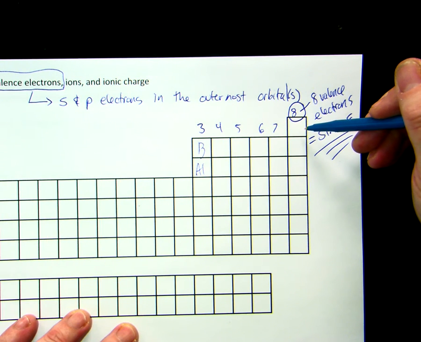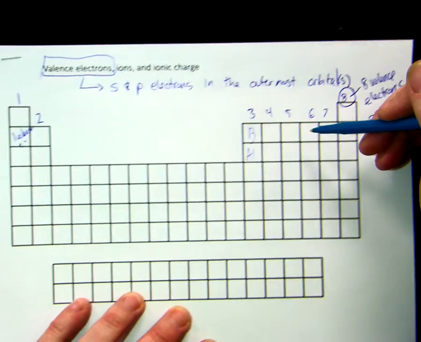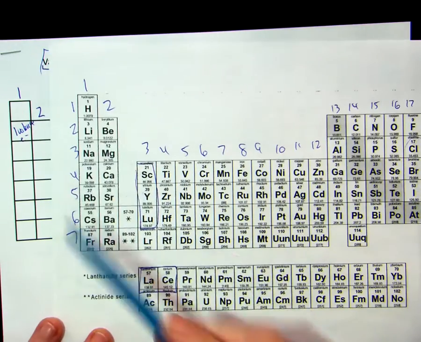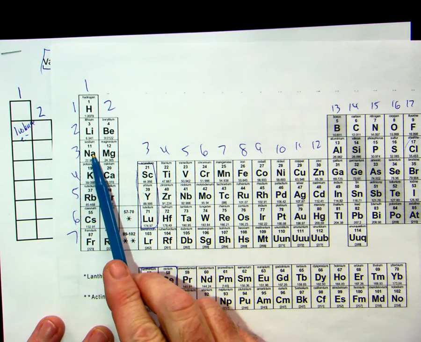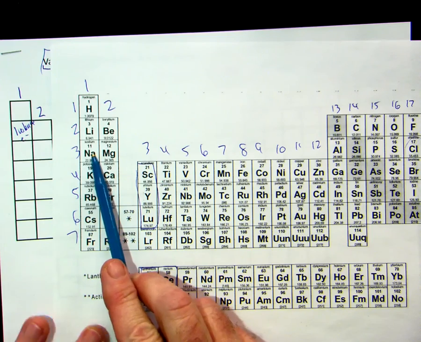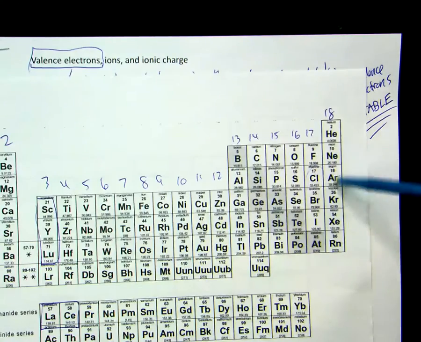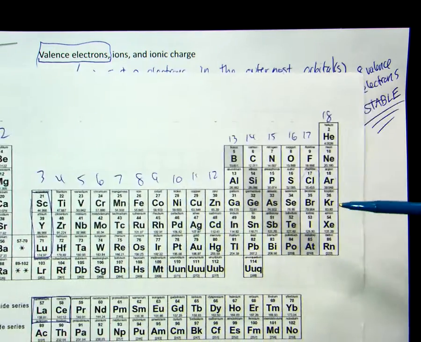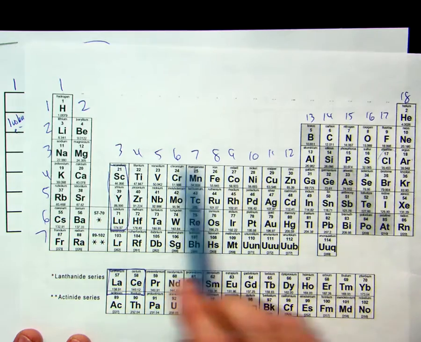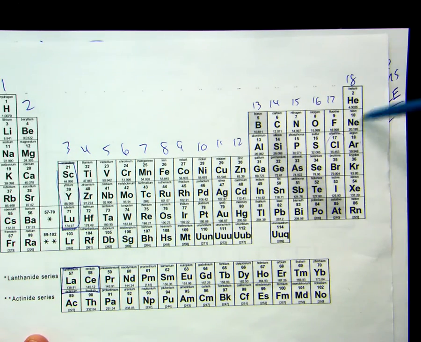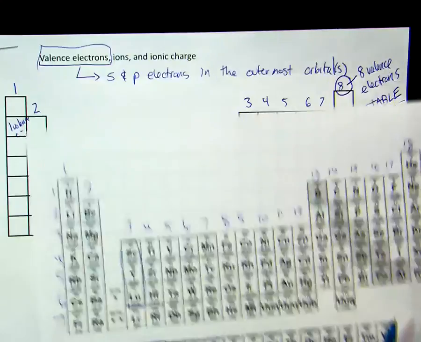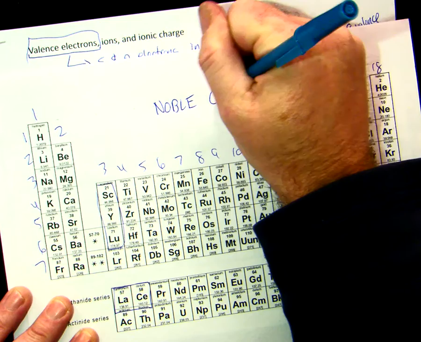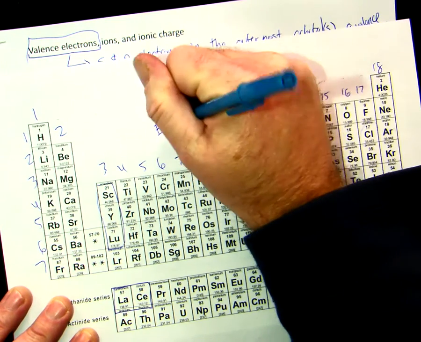They didn't want to react with other elements to get more. So the idea is that these particles, let's say sodium for instance, do not like having an extra electron. It wants to have a total of 8 electrons in its valence shell. In other words, every single element is trying to get a configuration of electrons like the noble gases. That's the driving force. They're trying to achieve what's called noble gas electron configuration.